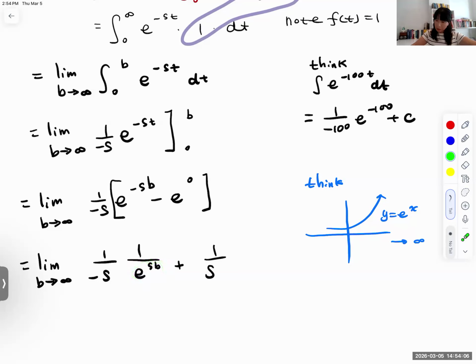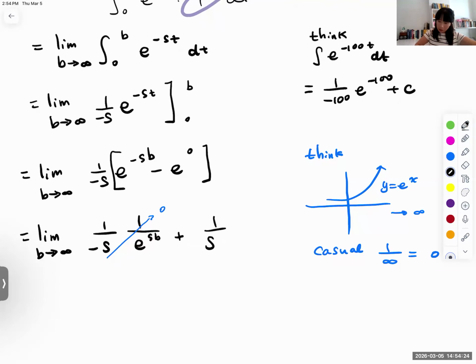Then casual thinking, right? 1 over positive infinity is 0, we knew that. So this will be 0. Then we get 1 over s. And we want only positive because t is greater than or equal to 0, right? So we want that s domain. Make sense?